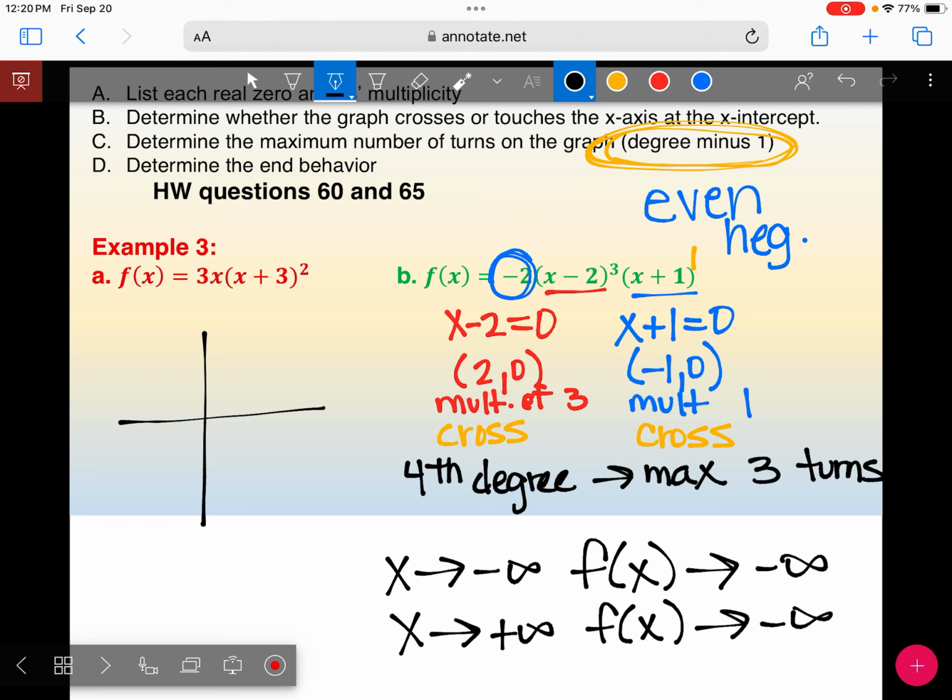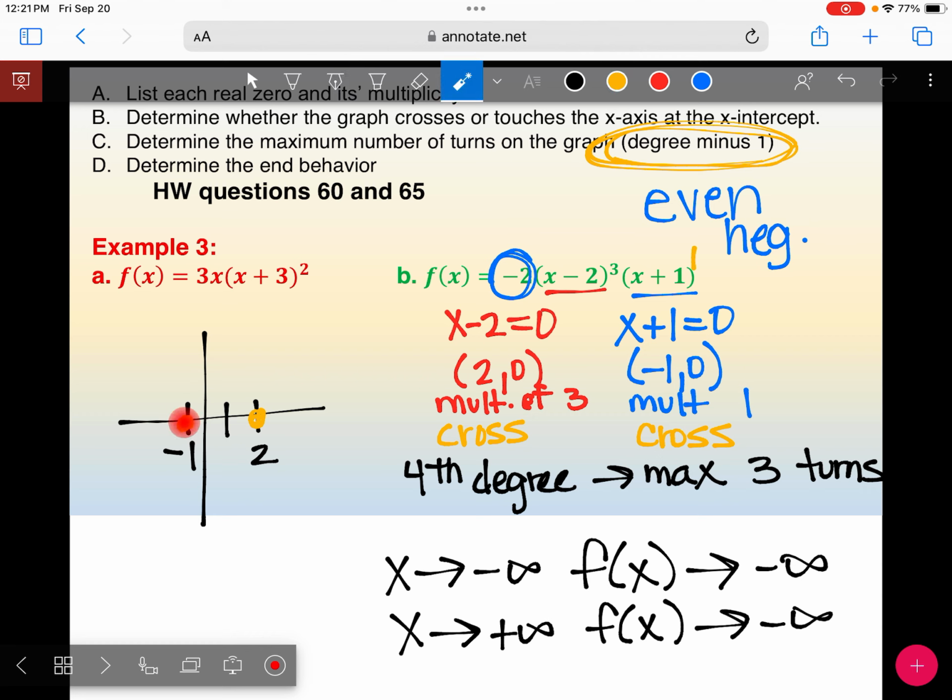So we have an x-intercept at positive 2, and we also have one at negative 1. So we know that both arrows point down, so I always like to put my zeros here because on Monday or Tuesday, I'm not sure when we will get to it, we're going to graph them. But what I always tell my students to do is put down your zeros.